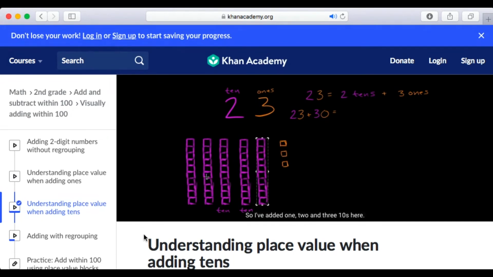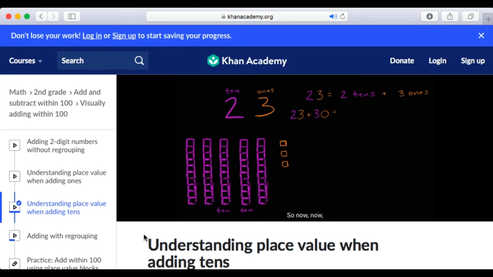So I've added 1, 2, and 3 tens here. So now, how many tens do I have? Well, I now have 1, 2, 3, 4, 5 tens. And notice, 2 tens plus 3 tens is equal to 5 tens. So now I have 5 tens.